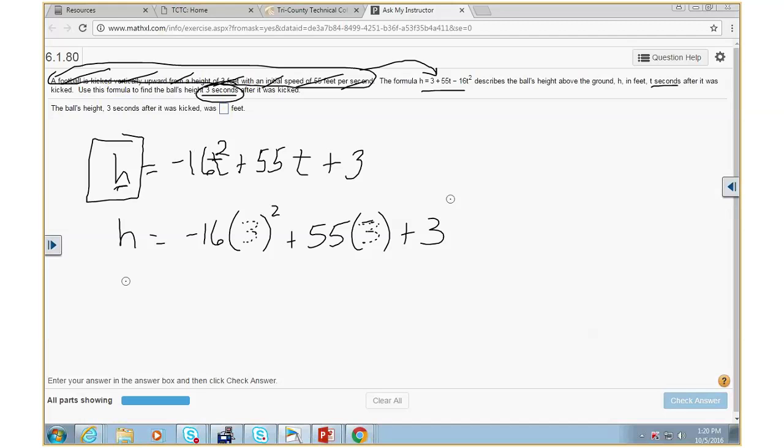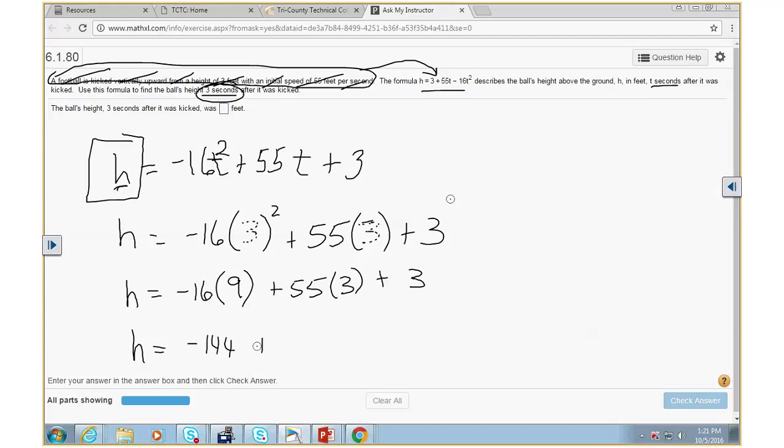So h is equal to negative 16 times 9, plus 55 times 3 plus 3. H is equal to negative 16 times 9 is negative what? 144? Y'all check me.